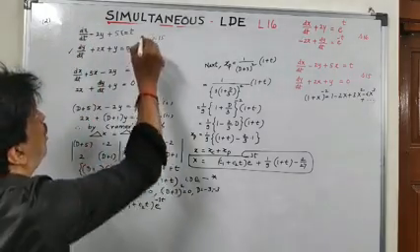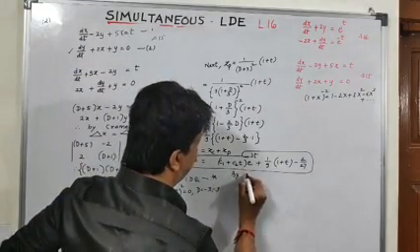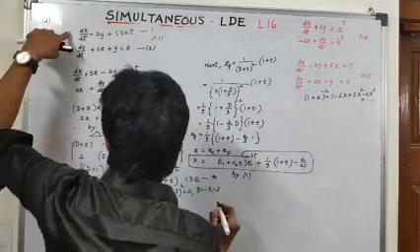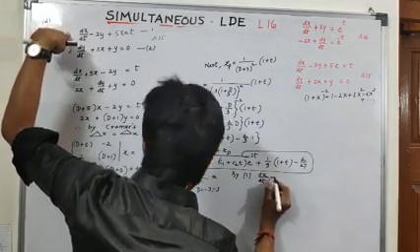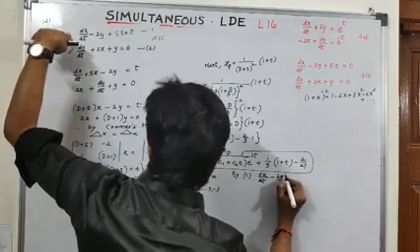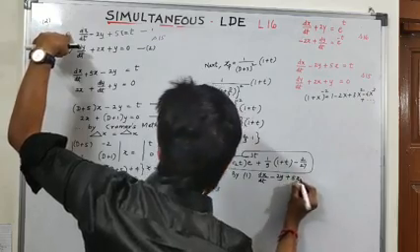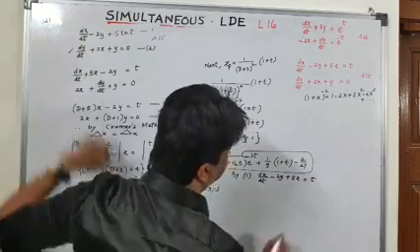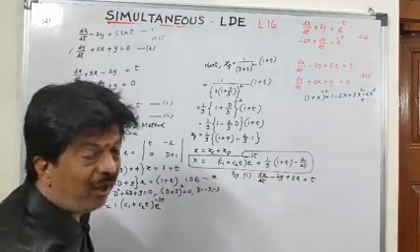So what is the value of y? dx by dt minus 2y plus 5x is equal to t. From this, what is the value of y?